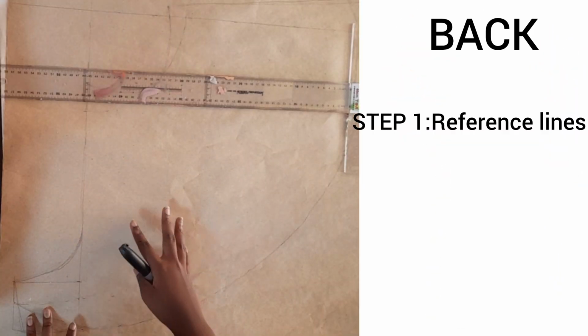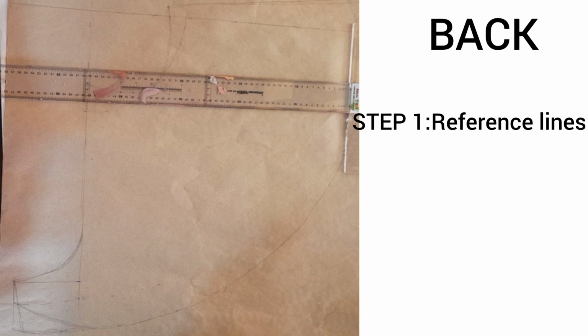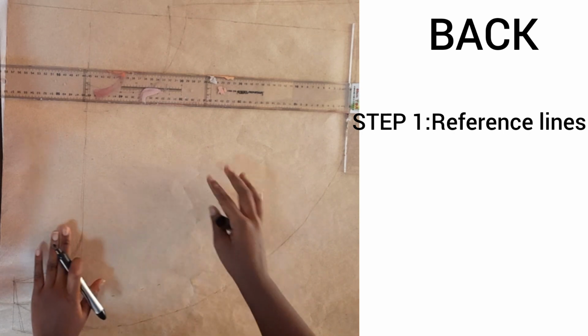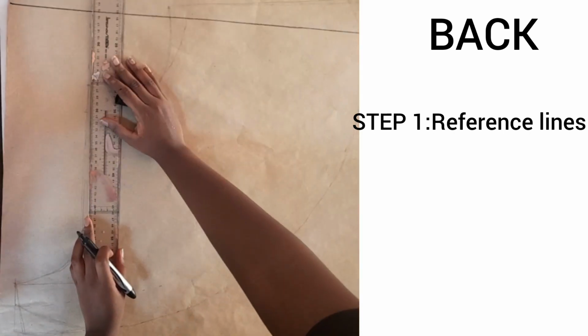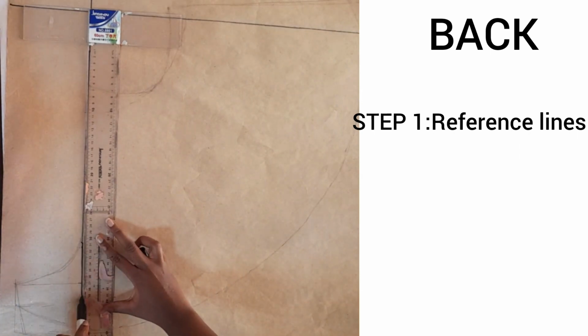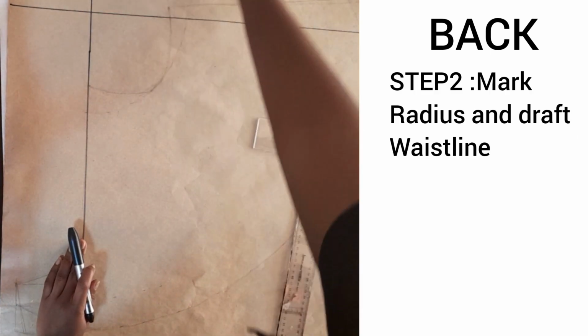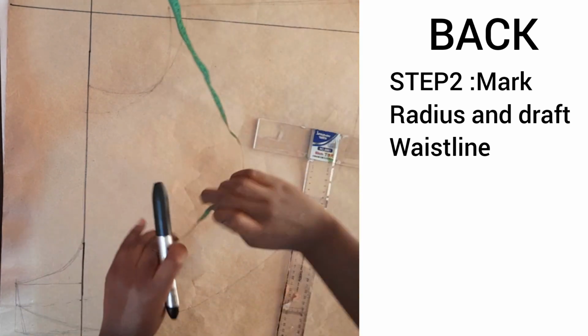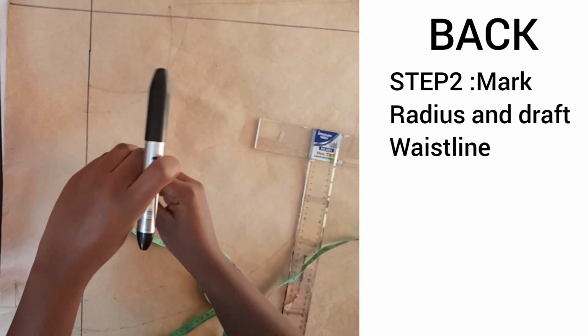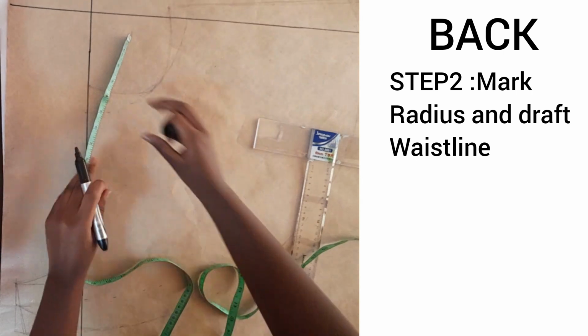Now for the back pattern, it's also similar to the front, but with some few adjustments. On your pattern paper, mark 5 inches from the top and from the side. Using this point as the pivot point, you're going to get our 6 inches radius that we measured at the beginning.